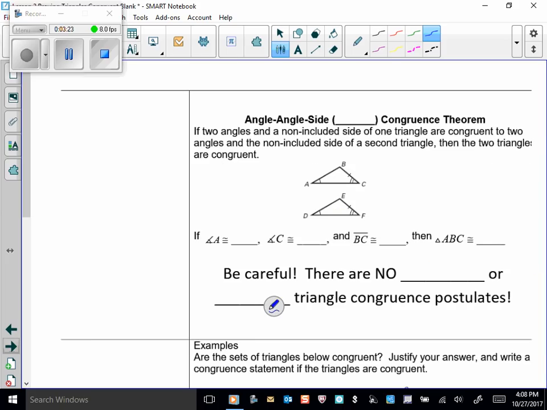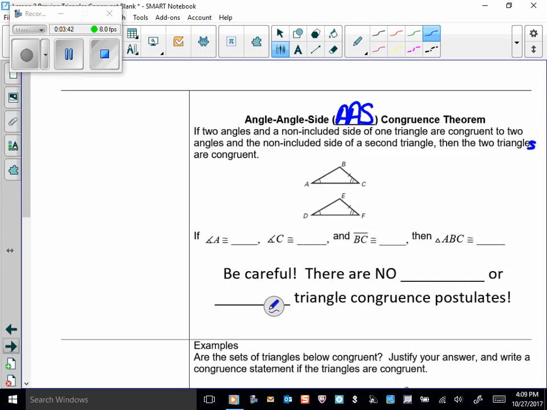Angle angle side, which we'll call appropriately enough AAS, says if two angles and a non-included side of one triangle are congruent to two angles and the non-included side of a second triangle, then the two triangles are congruent.